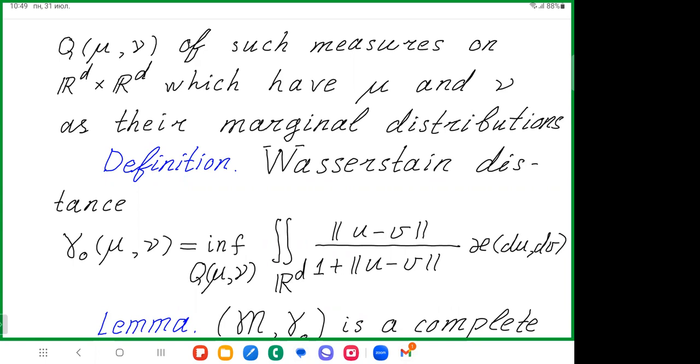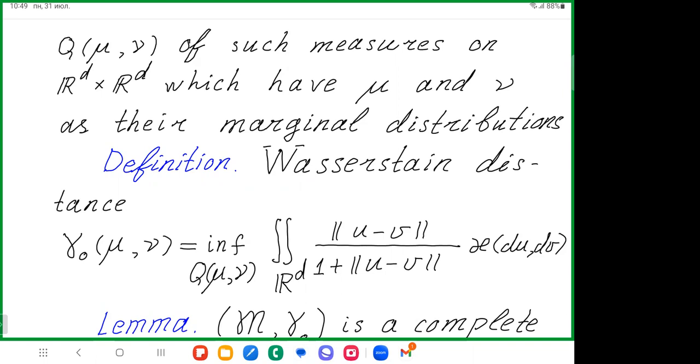Another remark is the following: this distance arises naturally when we discuss convergence in probability of random variables.